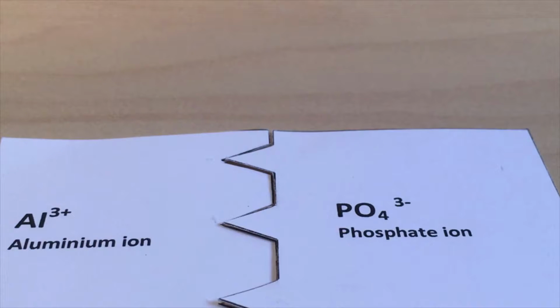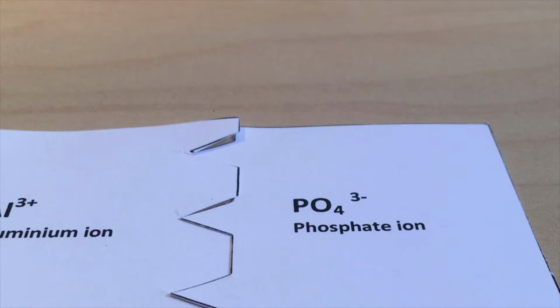Then we can name it just as we did with the regular elements, but leave the polyatomic ion's name just the way you found it. So we take the metal, which stays the same, aluminum, and phosphate, which doesn't change because it's a polyatomic ion. As a result, we can name this aluminum phosphate.